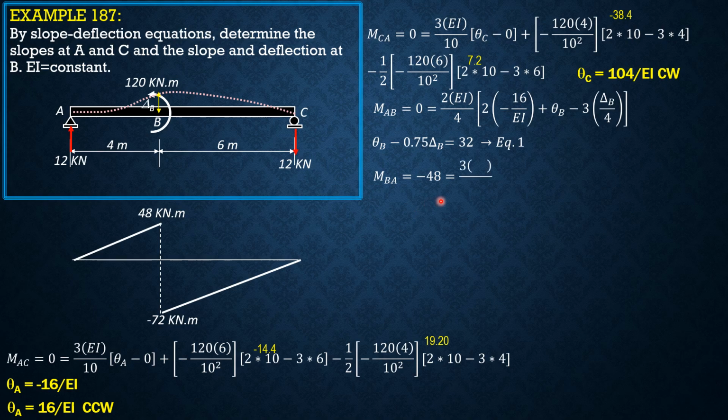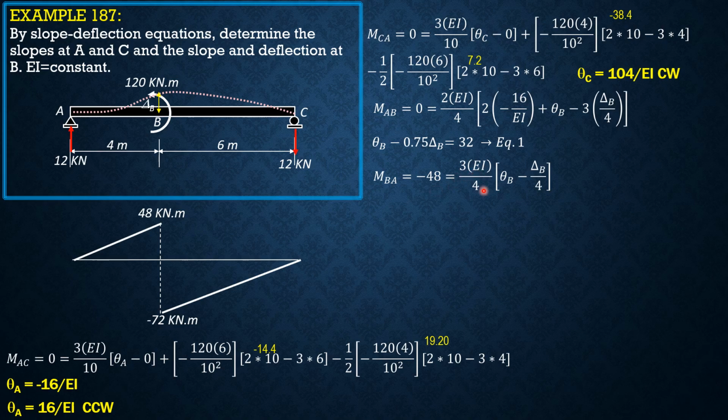Then we set up MBA and we use 3EI over L. MBA is, by the way, negative 48 because this is positive, it means it is counterclockwise, but clockwise moment is positive supposedly. So that's why this counterclockwise moment, 48 kilonewton meter, is treated as negative in slope deflection equation.